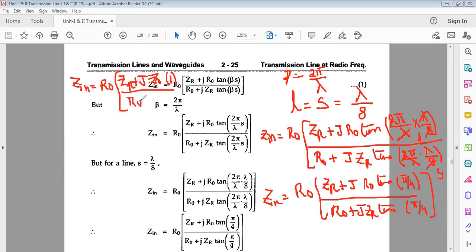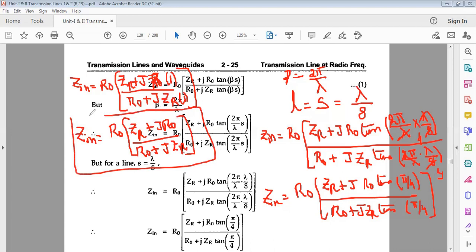And R0 plus J into ZR into 1. Okay. And finally, the Zin in terms of R0 and ZR is R0 into ZR plus J into R0, whole divided by R0 plus J into ZR.